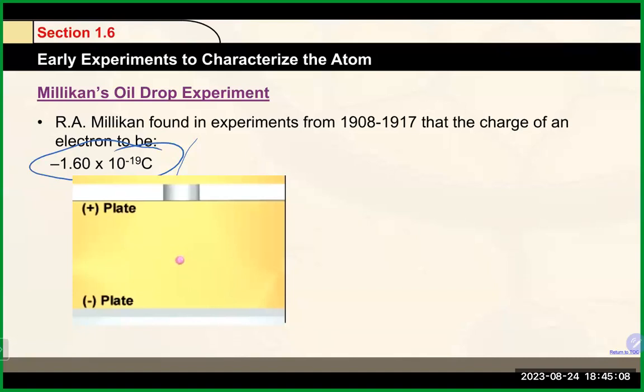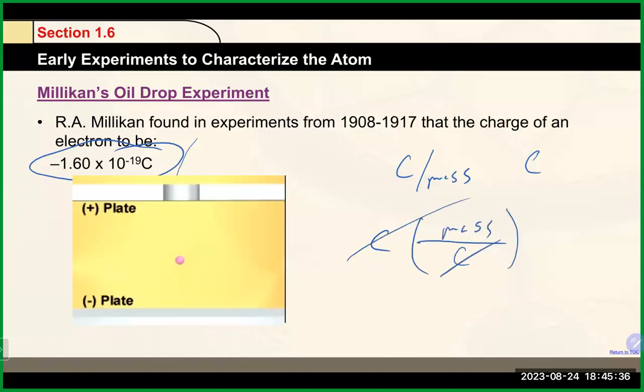So these two experiments were really big for the understanding of the electron. Thomson did the charge to mass, and Millikan was able to figure out the charge of an electron. If you put the results of both of those experiments together, if you take the charge and divide it by the charge to mass of an electron, the charge cancels out, and you're able to determine the mass of an electron.